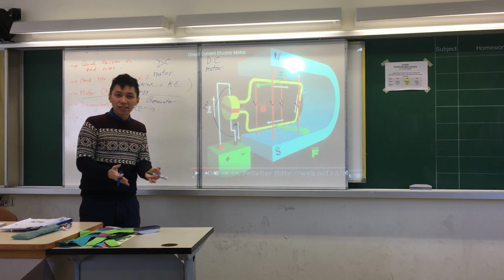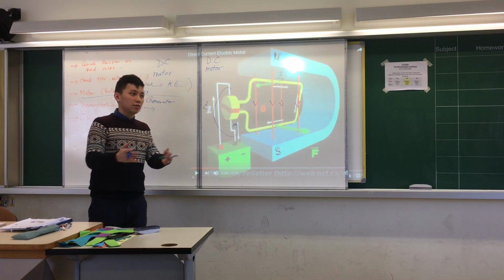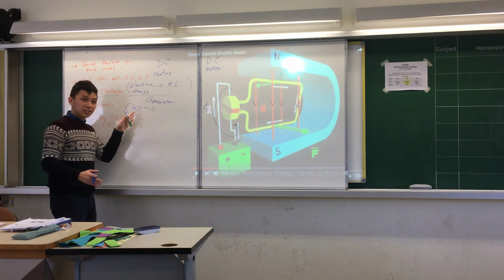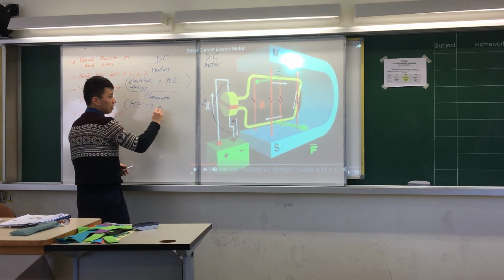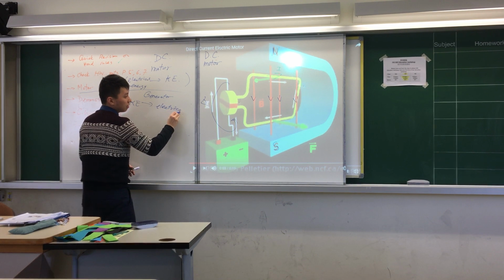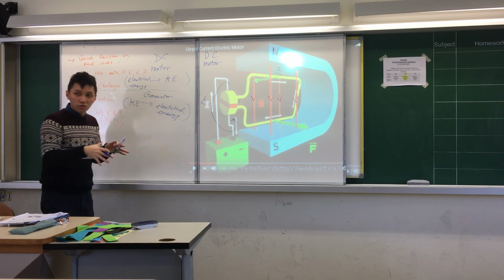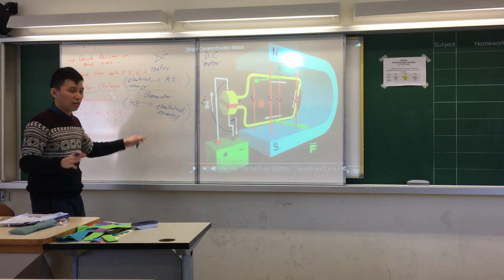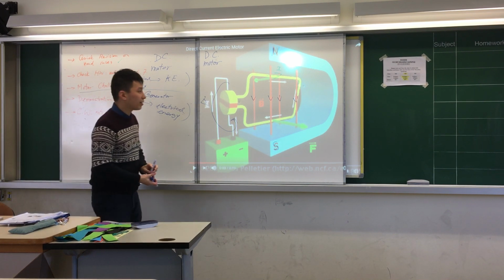The hydroelectric, wind power, fossil fuel, nuclear power plant. Those are the steam giving out the KE, and you can have electrical energy. We are actually going to look into how we can make a generator later on, but not today. And that's coherent with what you learned in year 9.